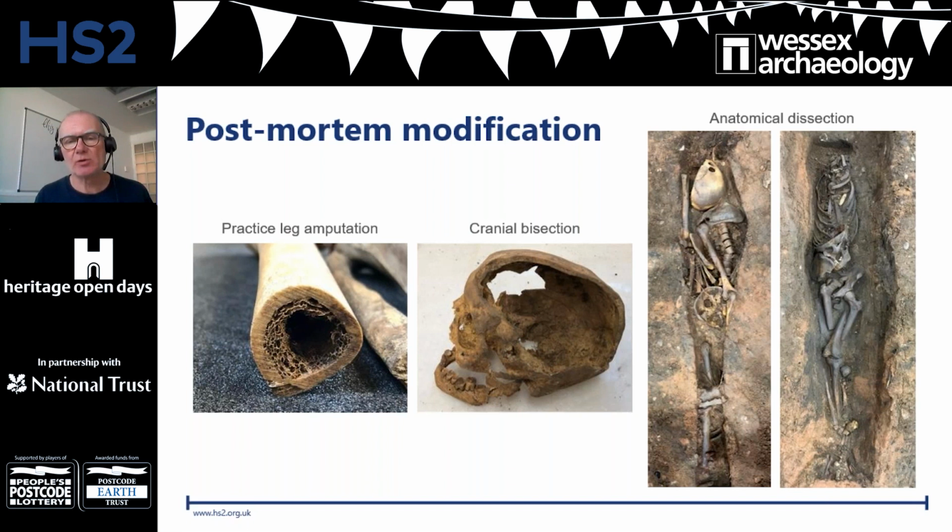Now, once the medical school had finished with the anatomical dissection of an individual, they were supposed to put the different parts of the individual back together and send them for burial. And we find some examples of this at Park Street, where the individual has been put back in anatomical position, with only the cut marks portraying the fact that they have been dissected before burial.